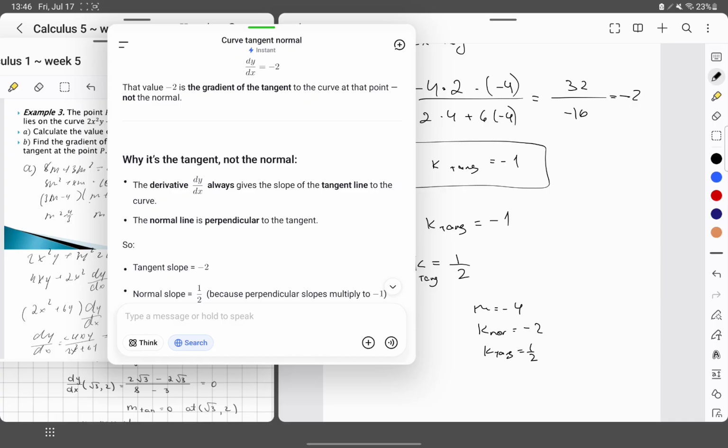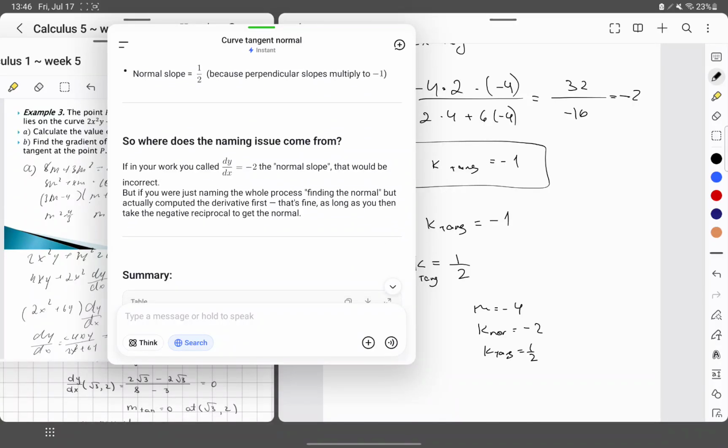Alright, dy over dx, the derivative. If you want to find the tangent line, the normal is perpendicular to the tangent.